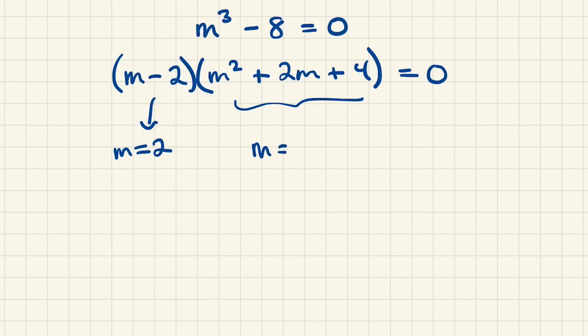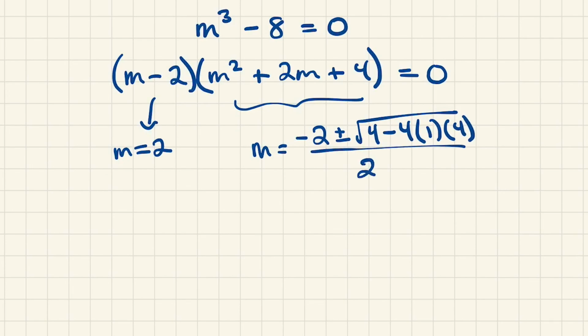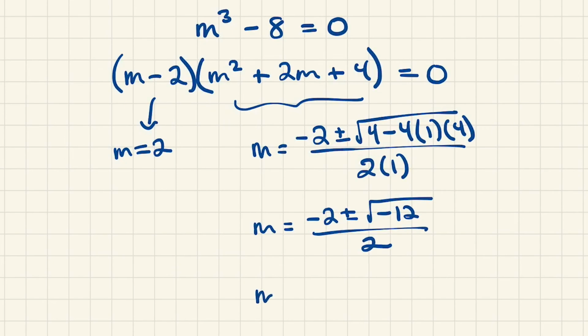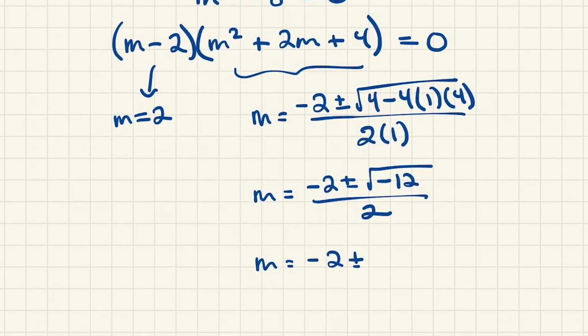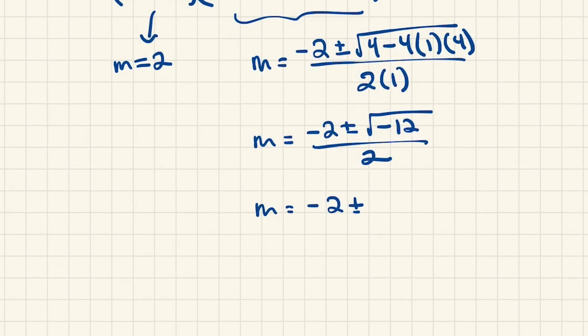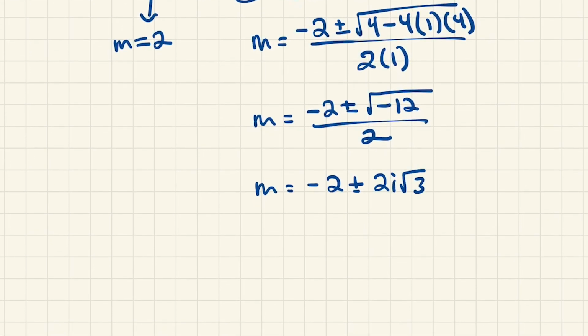So we're going to get m equals negative 2 plus or minus the square root of b squared minus 4 times a times c, over 2 times a. So rad 12 is of course 2 root 3, so this is going to be like 2i root 3. Or you can think of it as i times 2 root 3, it's probably nicer, over 2.